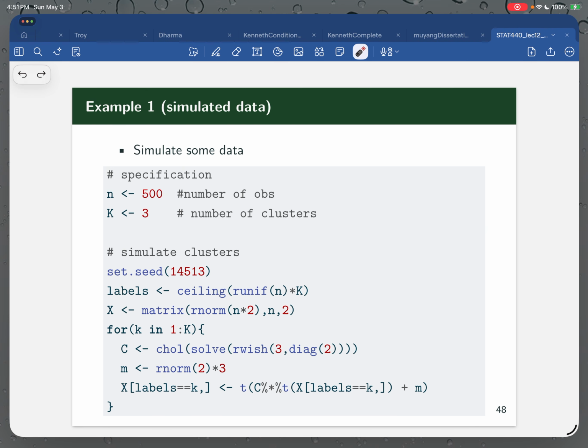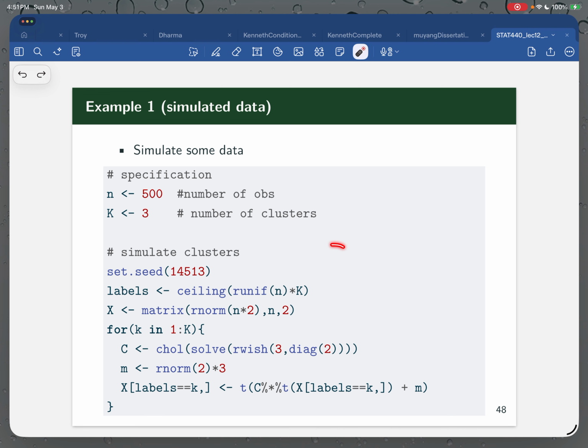Okay, so what I want to do is show you the basics of this model and how it works. So we're going to have 500 observations, and the true number of clusters is going to be 3.